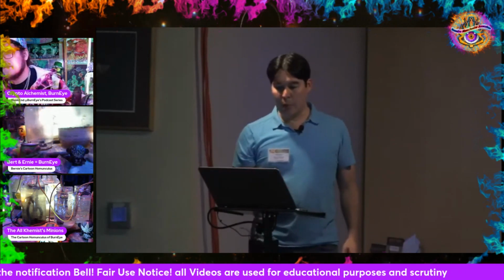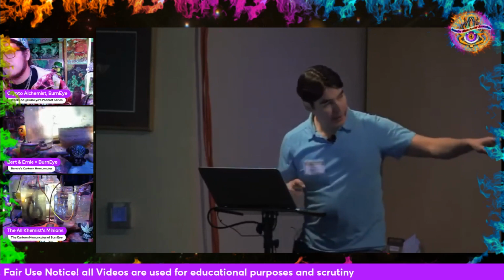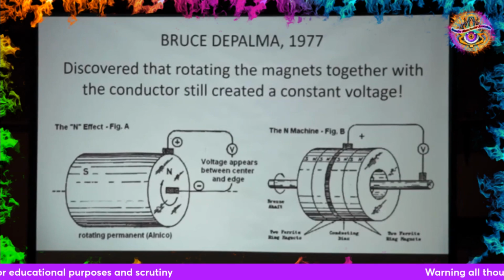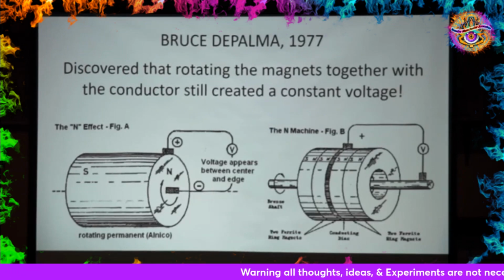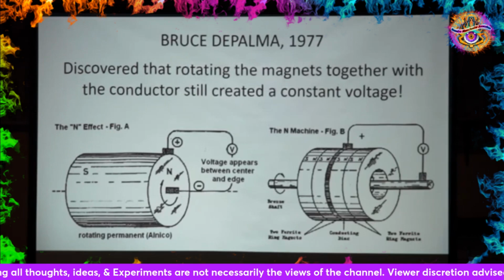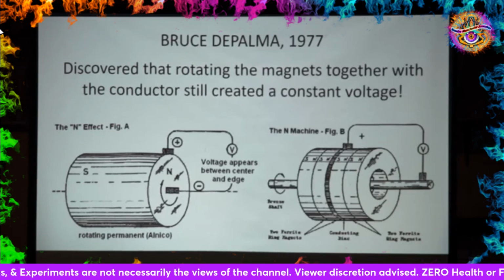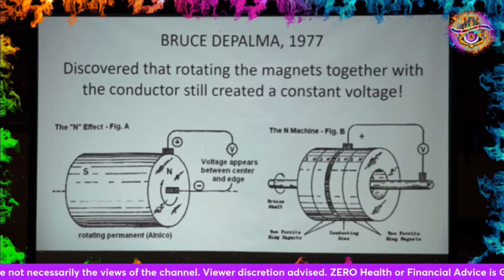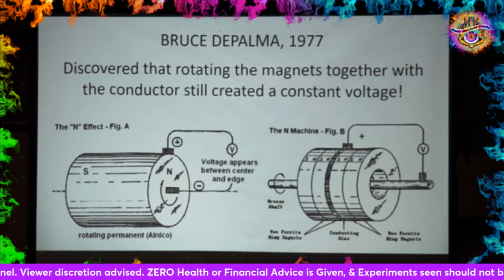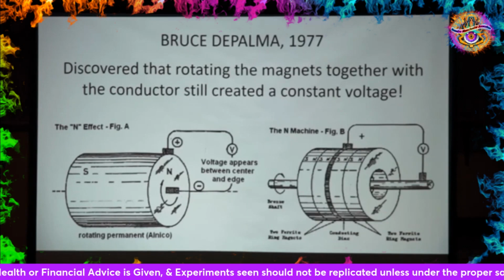And what Bruce De Palma is showing is that if you take a disk magnet, like the one on the left, with south on one end and north on the other, and you just rotate that magnet, and I believe that Alnico type magnet would have a conductive coating on it, maybe nickel or something like that, similar to some of the stronger neodymium magnets today, then the magnet coating itself is a conductor. But as that magnet rotates, isn't the magnet rotating together with the conductor and not independently of each other?